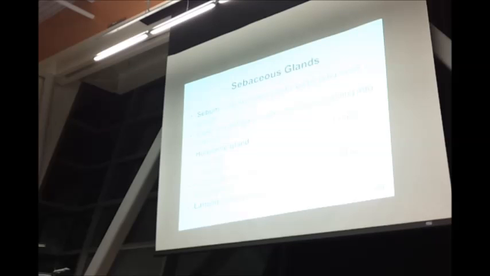A few other things that I wanted to talk about. There are some unique glands found in particular parts of the body, especially your ears. There are glands that produce earwax. The ceruminous gland is the gland that produces the earwax. Now, what tissue produces earwax?